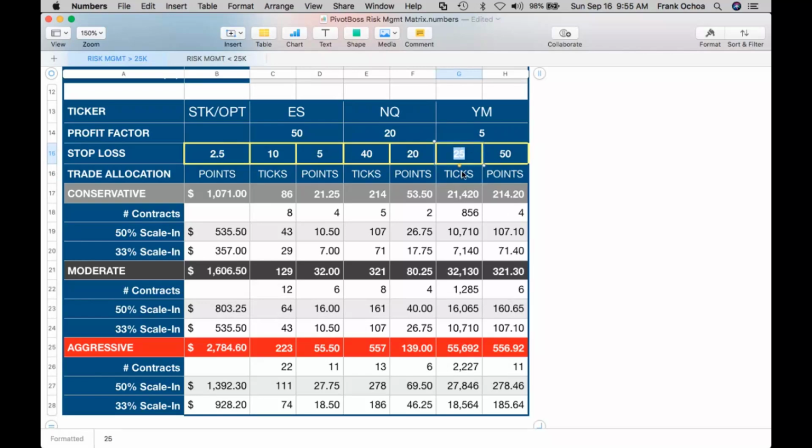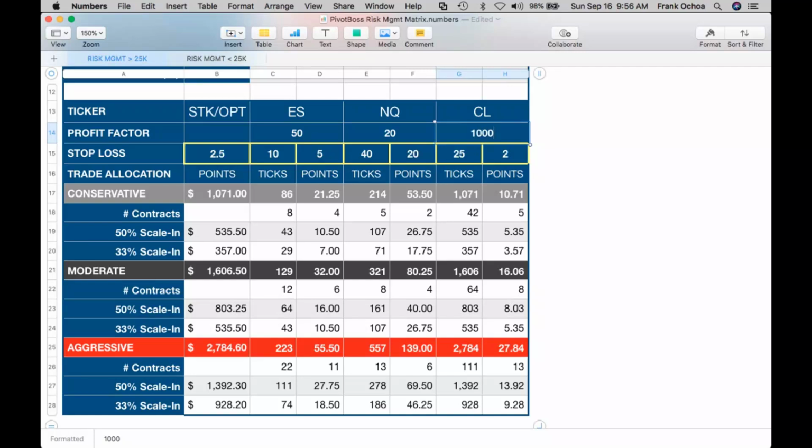So this one doesn't trade in ticks the way it's calculated, so I would just stick with the points over here if you're doing something like YM. If you're doing, say, RTY, the Russell 2000, over here, this is 100 right there. Maybe that's 2 points right there, and that'll give you your risk basis for that. So again, you can add however many contracts you want to the right if you want to have them all out there.